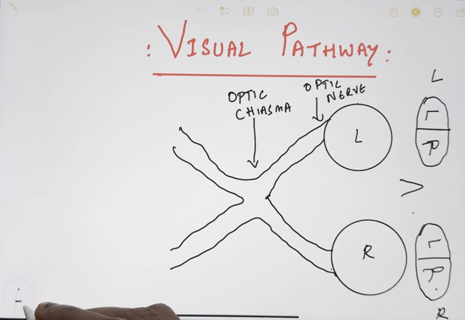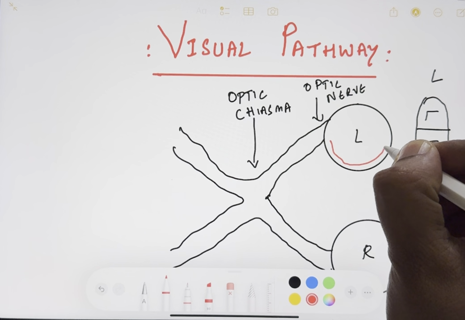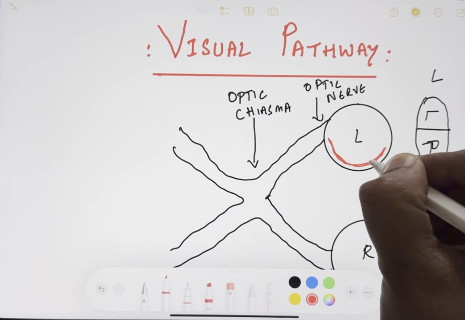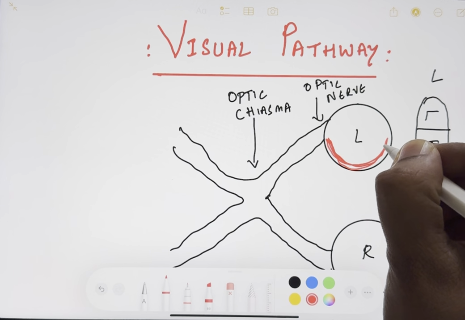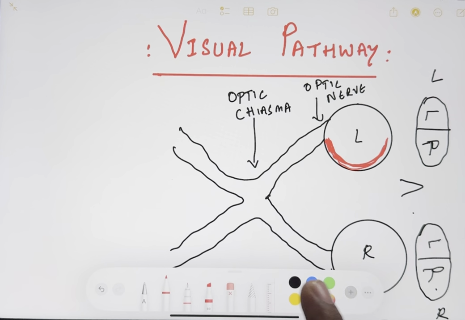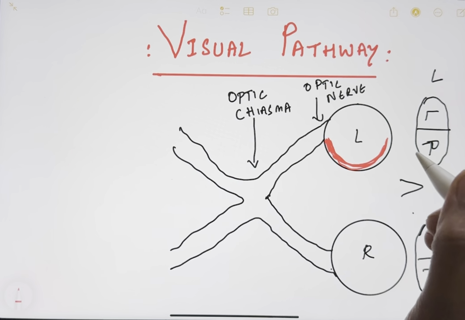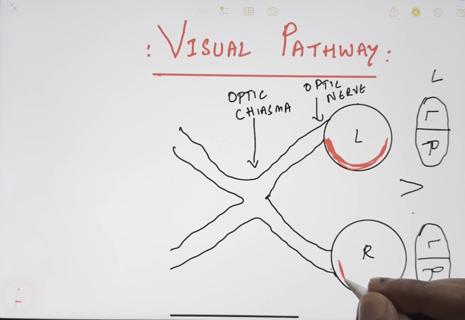Now, let us draw the innermost layer of the eyeball, that is the retina, the posterior most part. I am drawing half of the retina. This is the left eye, and this is the right side of the left eye retina. With the red color, what I am drawing is the hemiretina, the half retina. Similarly, here also I will draw the half retina on the right side.